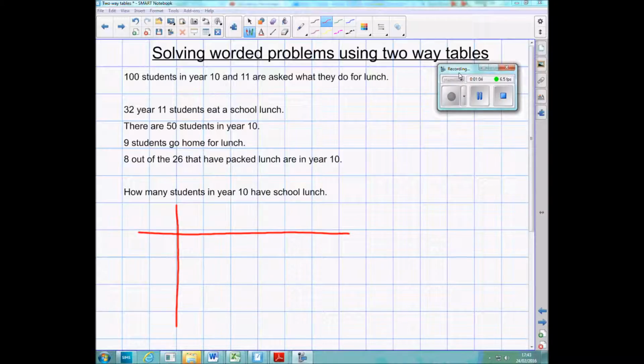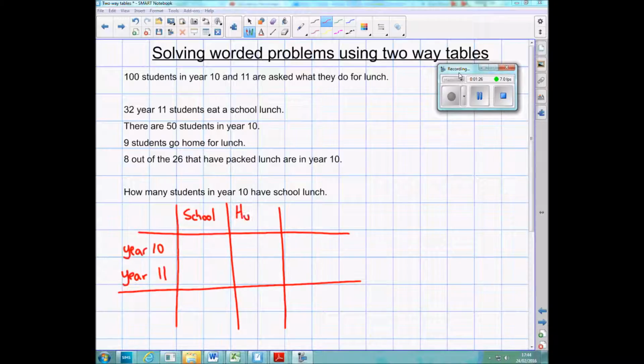I suggest that we put the years on the side because there's only two of them, so it should fit a bit nicer there. Then up the top as the column headings, we're going to have school lunch. Don't have to actually put the full title in.